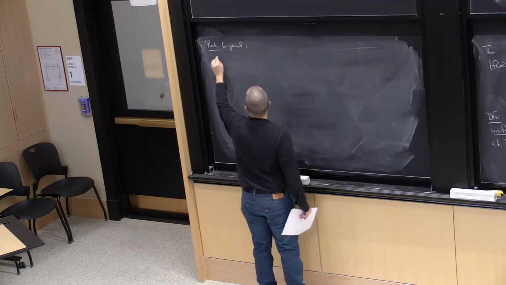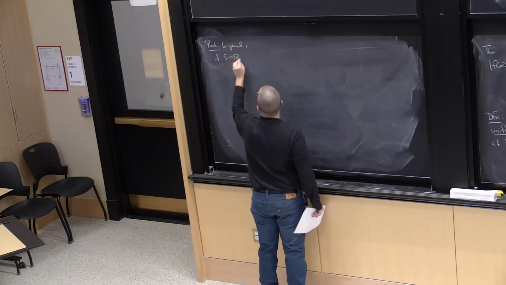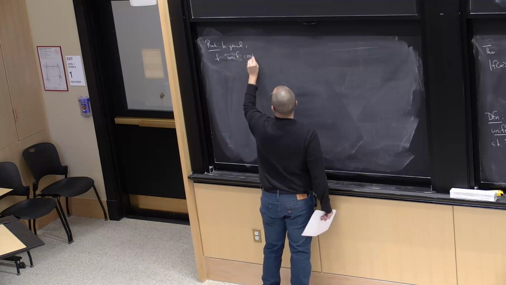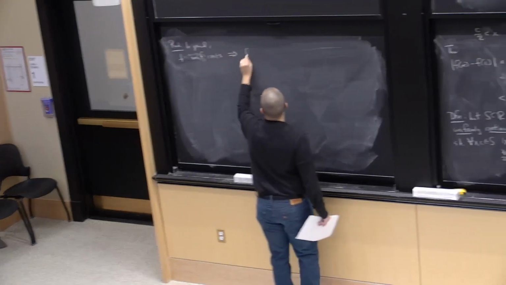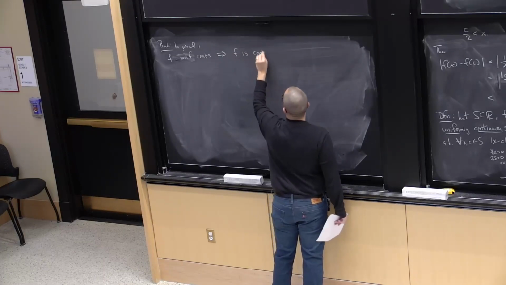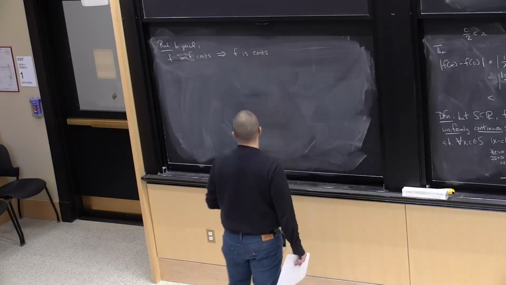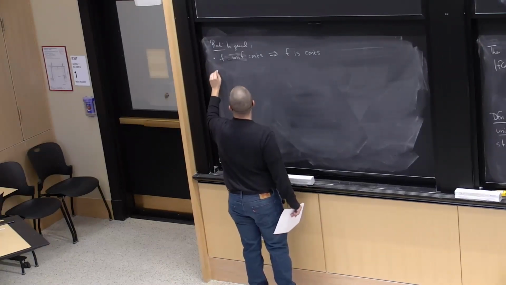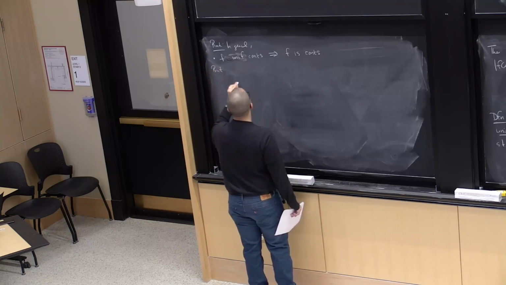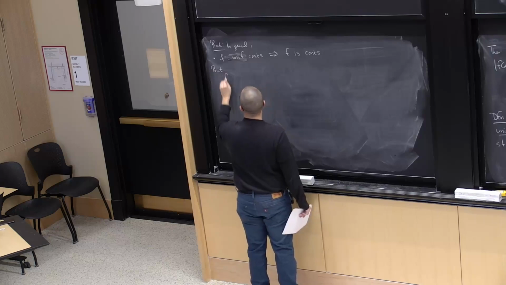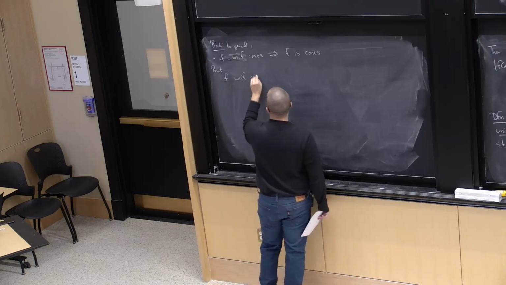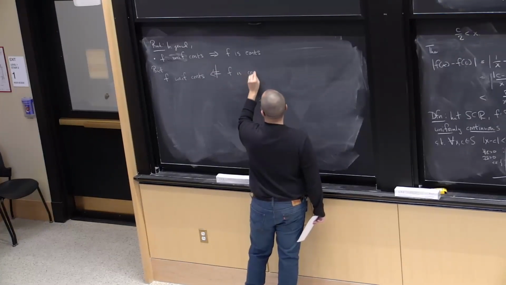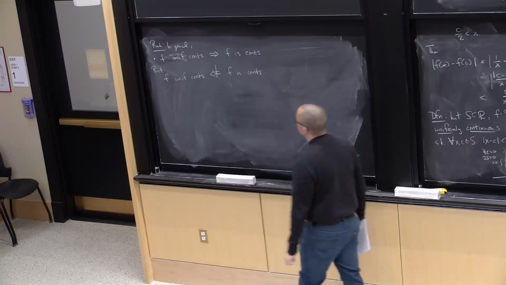In general, f uniformly continuous implies that f is continuous. This just follows from the definition. This is not difficult to show. But the converse does not hold, as we've just seen.